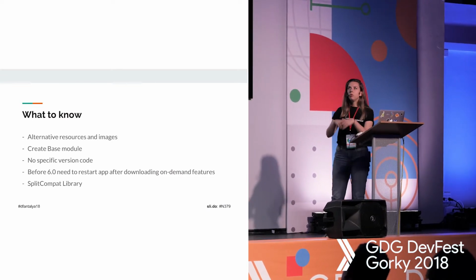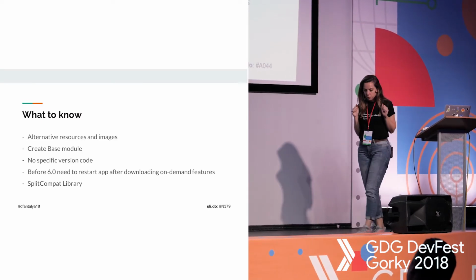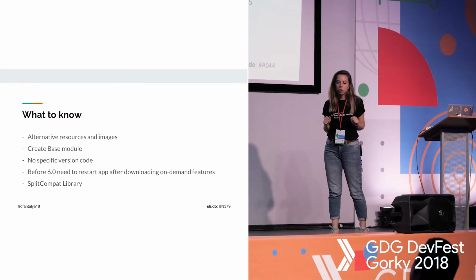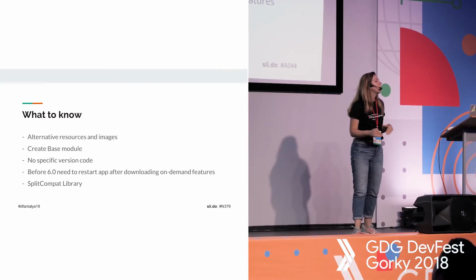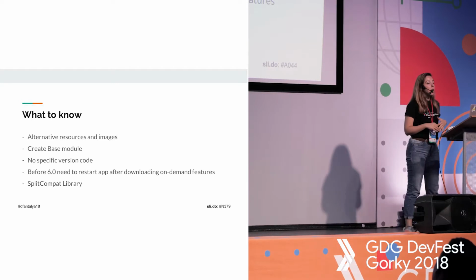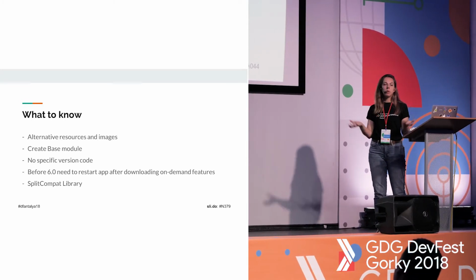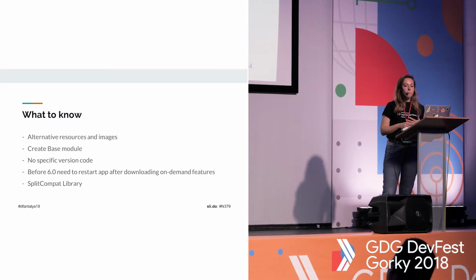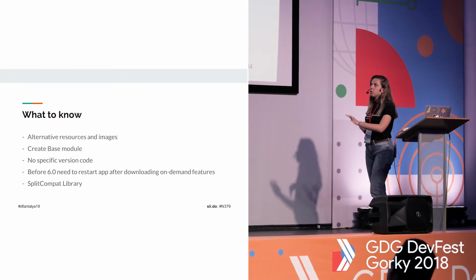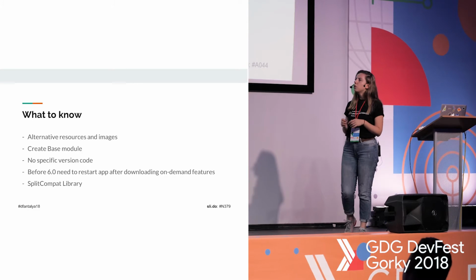What to know while doing all of this? I said before, but we should edit all alternative resources and images. It's important. We need a base module that includes all the common code bases for each feature. Another important thing, after we start doing this, Google Play will give the version codes.